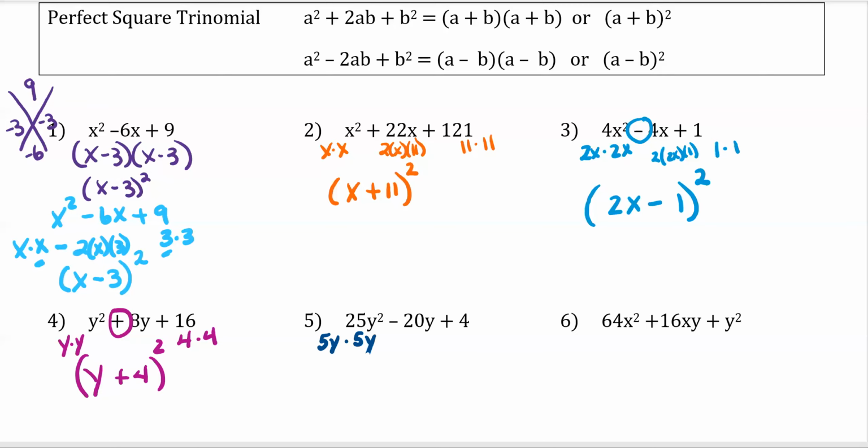Y squared is y times y. 4 is 2 times 2. And I can see that 20y is a product of 2 times 5y times 2. It is a negative. So I know this is going to factor into 5y minus 2 squared.